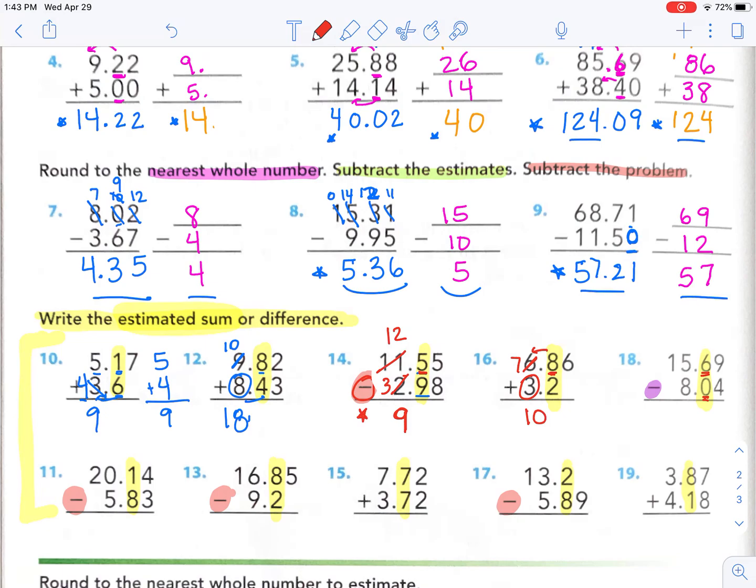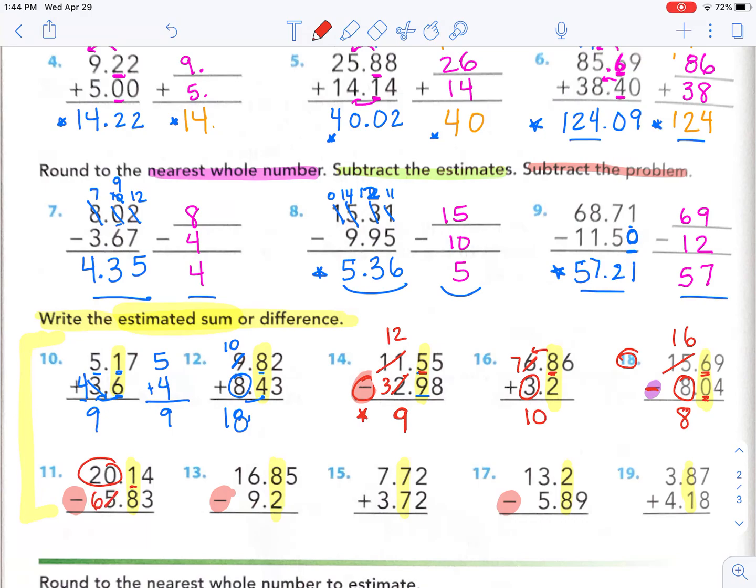So still 5 and up. Go back to number 18. 5 and up, round up. So 15 becomes 16. And 4 and down, rounds down back to 8. 16 minus 8 is 8. Okay. Number 11. 4 and down, round down, so that stays 20. 5 and up, round up, so that goes up to 6.